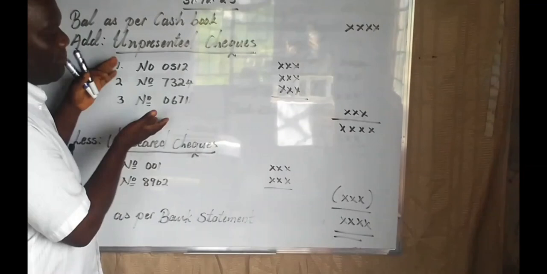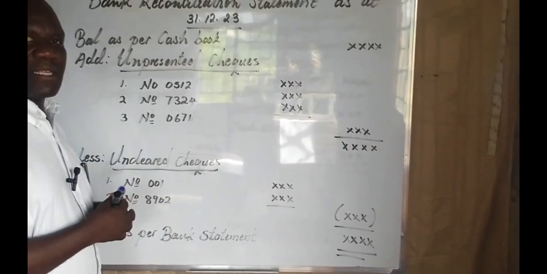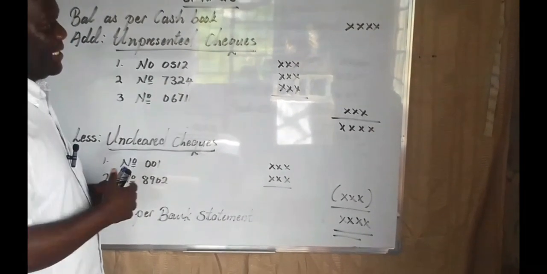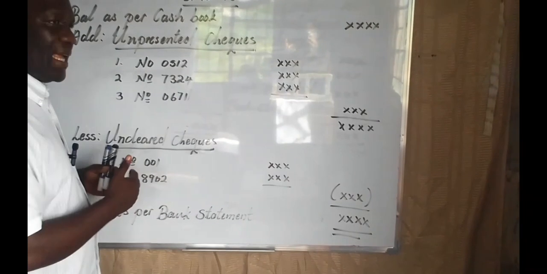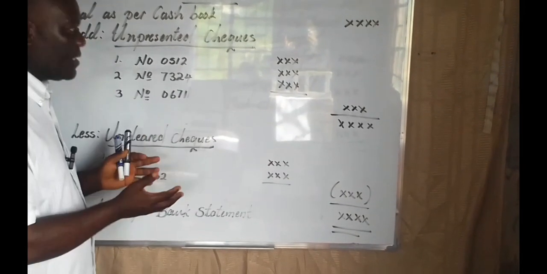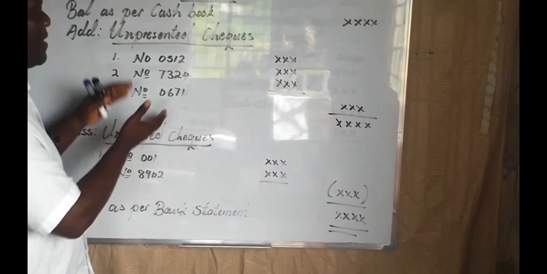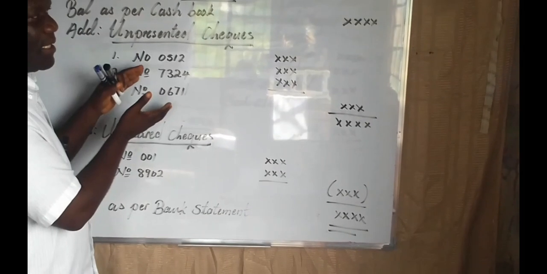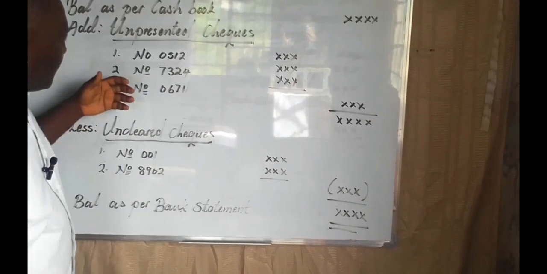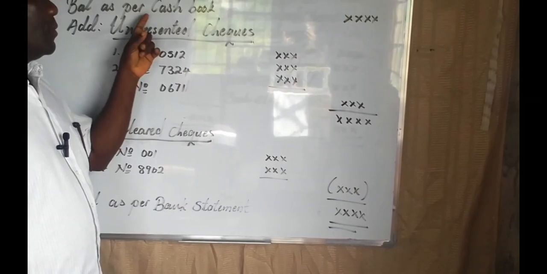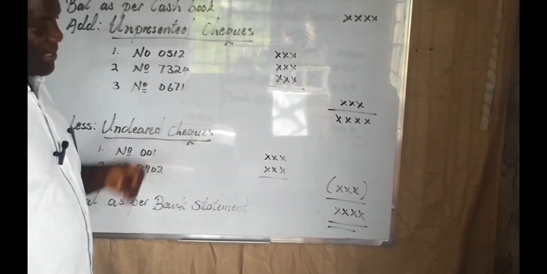Instead, maybe they have kept these checks in their drawers. They are waiting to deposit them at a later date. So, your bank account is still intact. The money is not yet subtracted. That is the reason why we add them to the cash book balance.